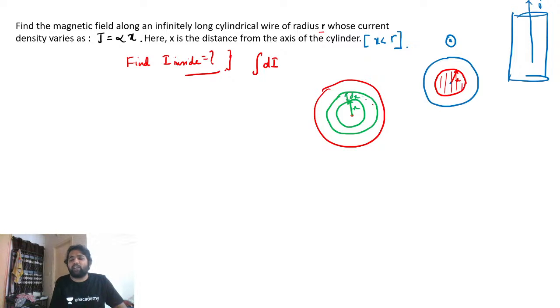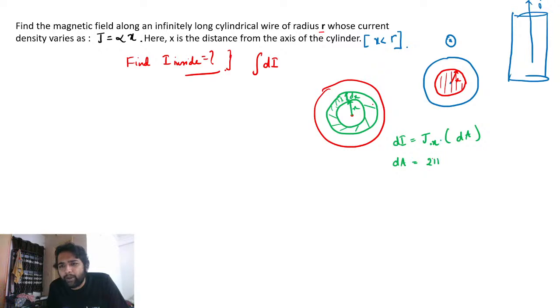A standard procedure, whenever there is variable current, you have to use this standard procedure. So what is the total area of this? di will be equal to j at a distance x into the small area dA. Let's make it a bit technical: dA will be equal to 2 pi into x into dx, because this area is the total circumference into thickness.